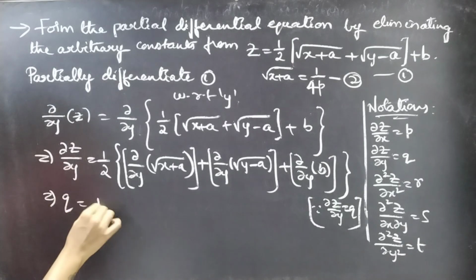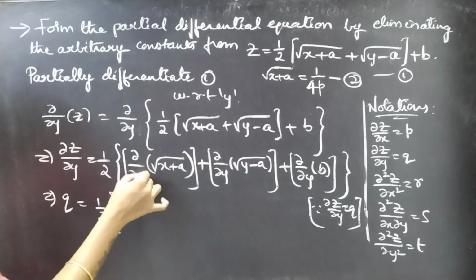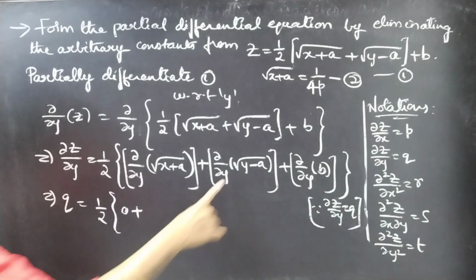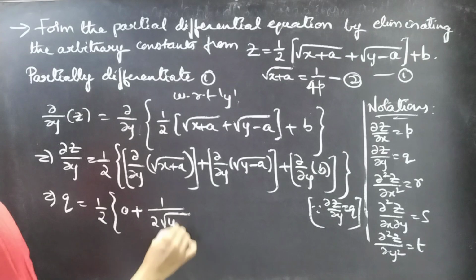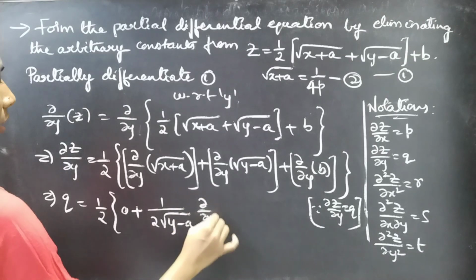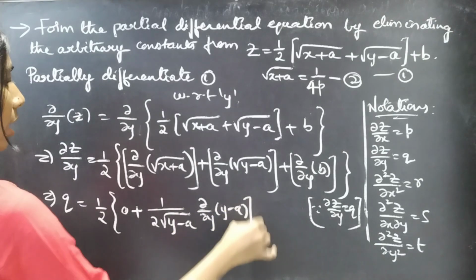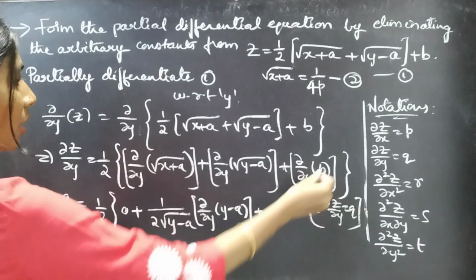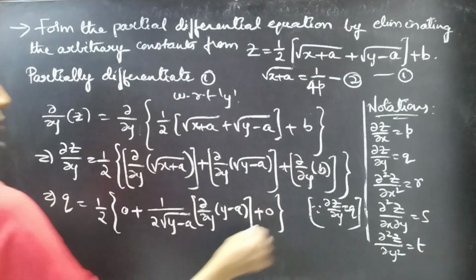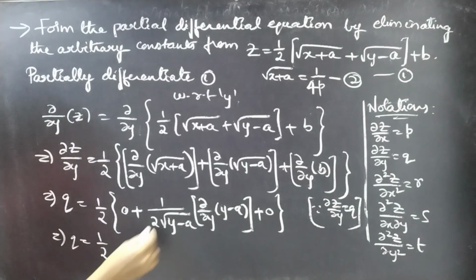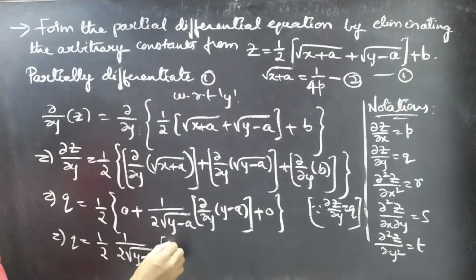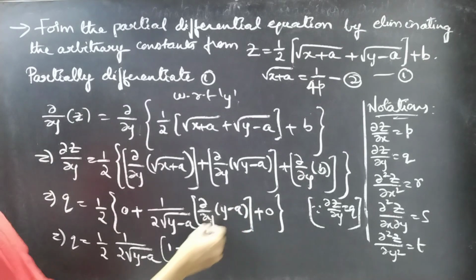You'll get q equal to 1 by 2 into the partial derivative of a constant with respect to y, which is 0, plus the partial derivative of square root of y minus a with respect to y, which is 1 by 2 root y minus a into the inner derivative dou by dou y of y minus a, plus the partial derivative of a constant with respect to y, 0. Which gives us q equal to 1 by 2 into 1 by 2 root y minus a into the partial derivative of y with respect to y, which is 1, minus the partial derivative of a constant with respect to y, which is 0.